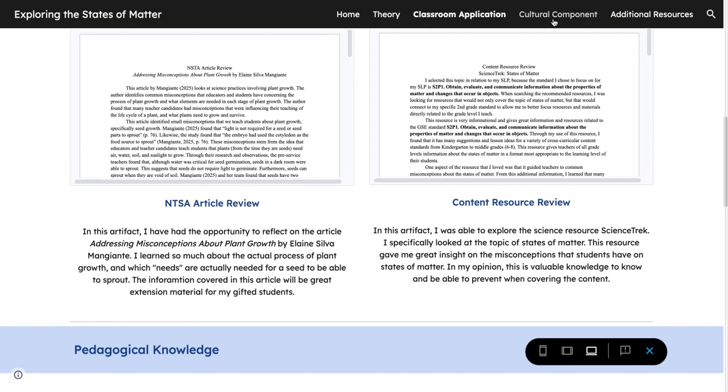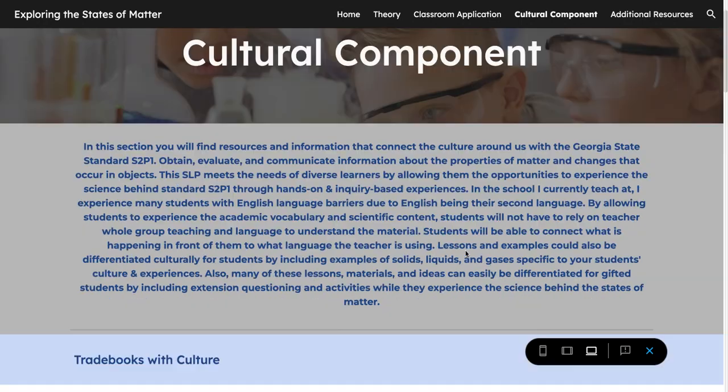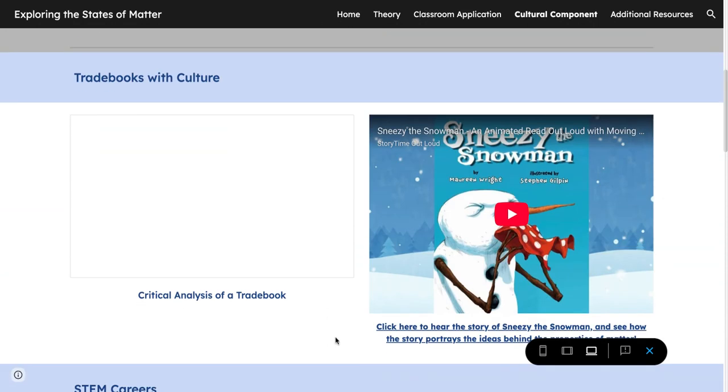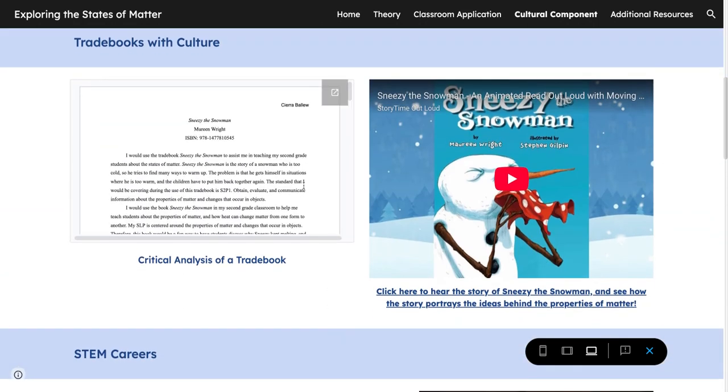The next tab is the cultural component. So throughout this section, again, I used this book, Sneezy the Snowman, for my critical analysis of a trade book. I thought that the author of this book and the illustrator did a really good job culturally. The book is very simple.